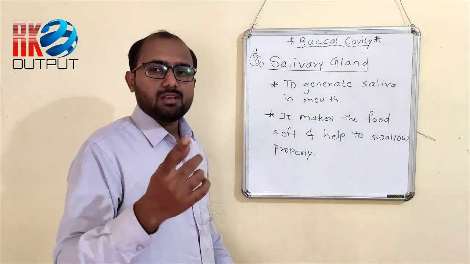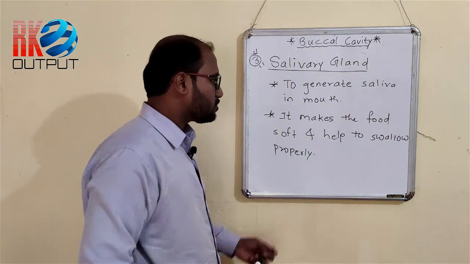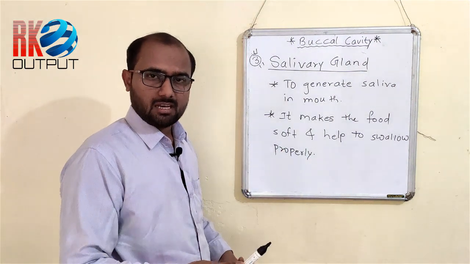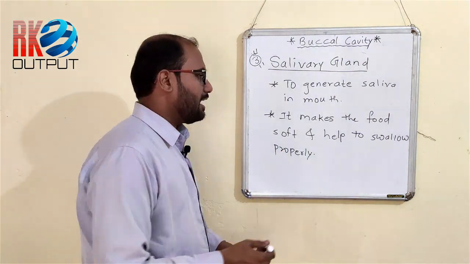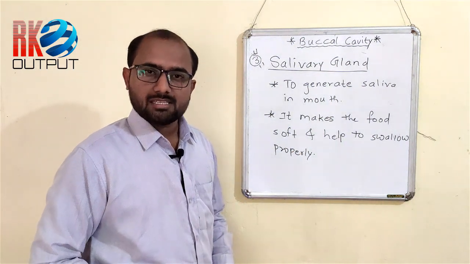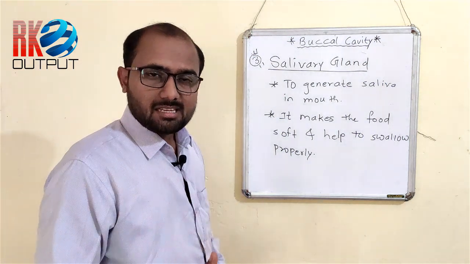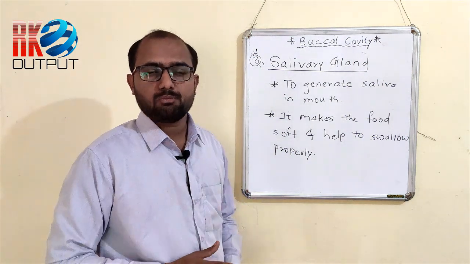Okay, but if you chew the food properly, then you can see that it helps us to make the food soft. Making the food soft will be done by this, and after that it is also helpful to swallow the food properly. As soon as we swallow the food, it will become easy for us. It is also suggested that we have to chew the food properly.